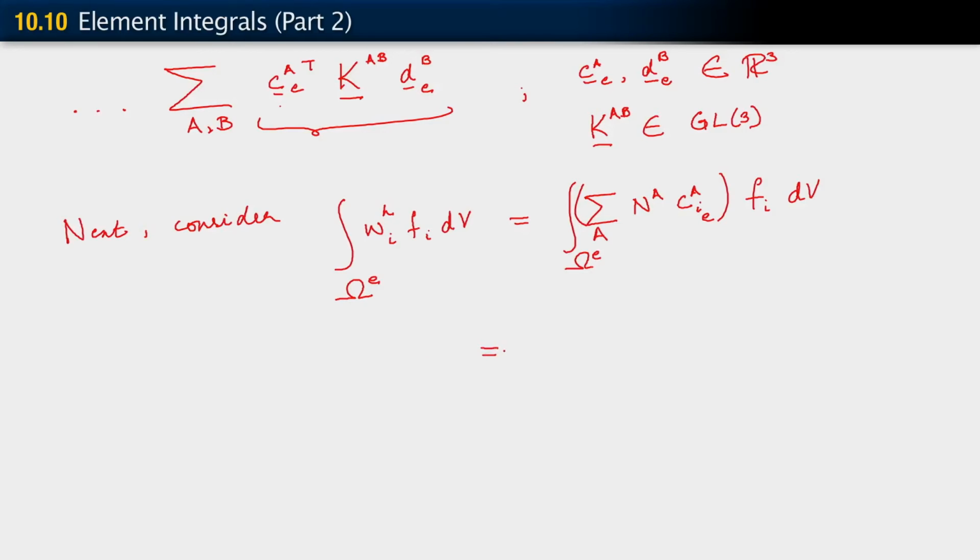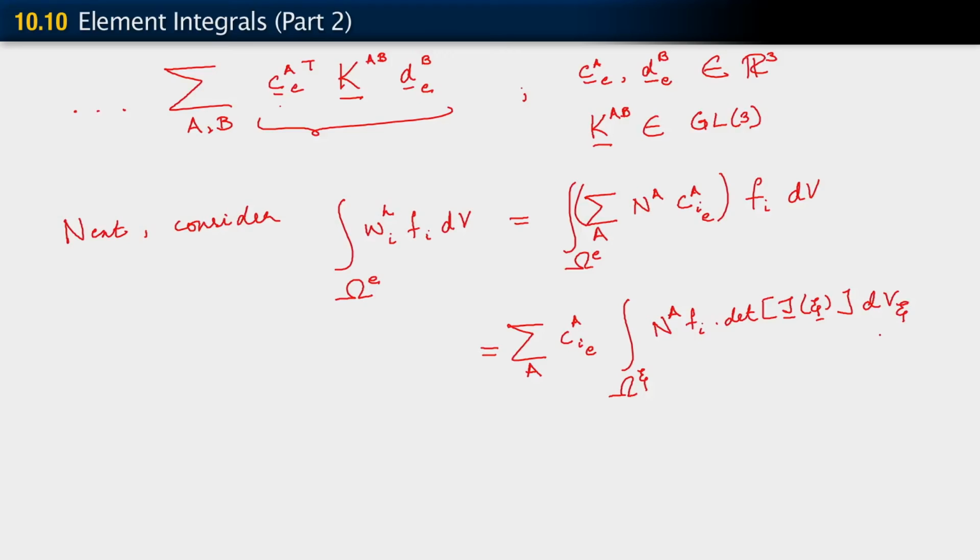So we get the sum over A of C A I E times the integral over omega xi of N A F i determinant of J xi d omega xi.